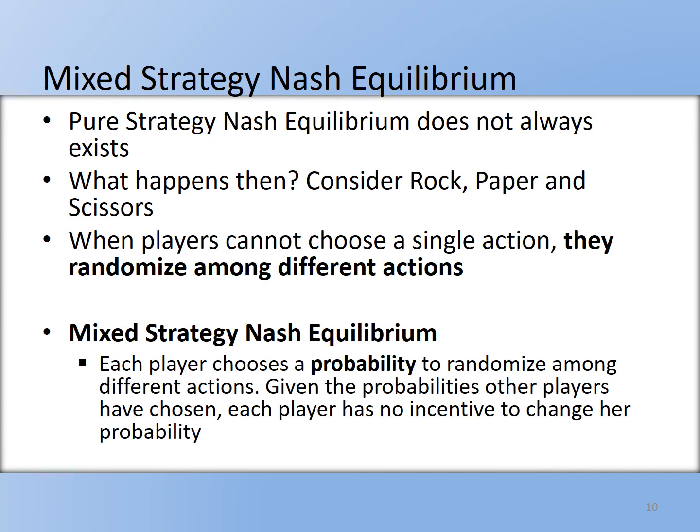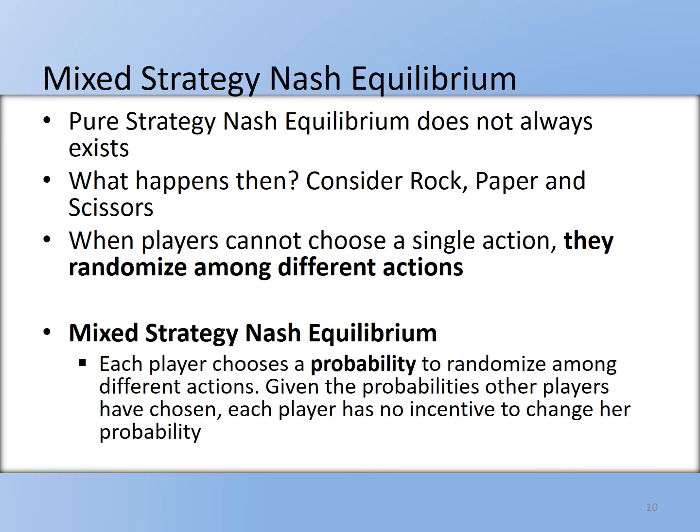I'm always going to put forward half heads, half tails. That's stable probability. The action is random, but the probability is stable. What would not be stable is if sometimes I decide, okay, this time there's a 1/3 chance I'm going to put forward a head. Next time I have a 2/3 chance of putting forward a head. That's not stable. But as long as the player has decided, I have a half chance of putting forward a head and half chance of putting forward a tail, that's stable probability.